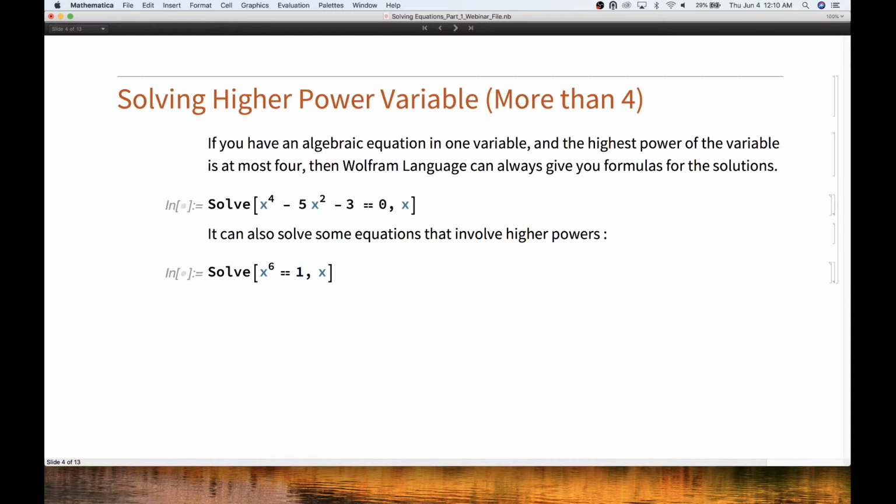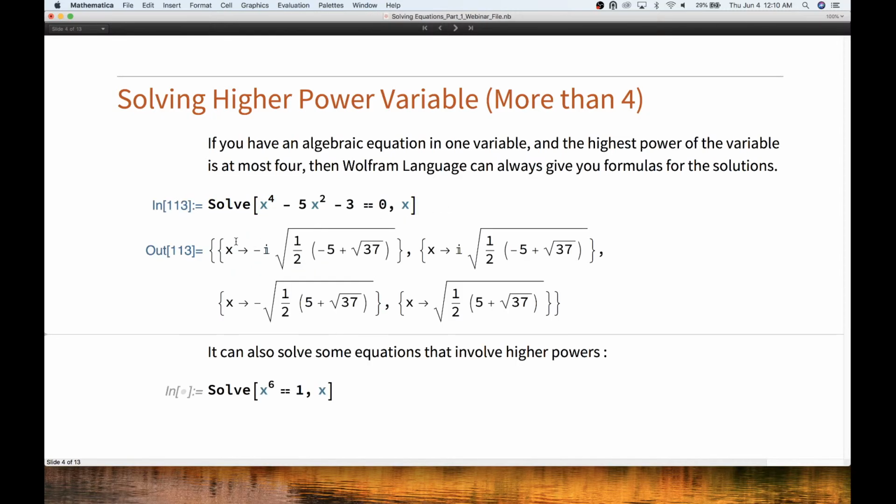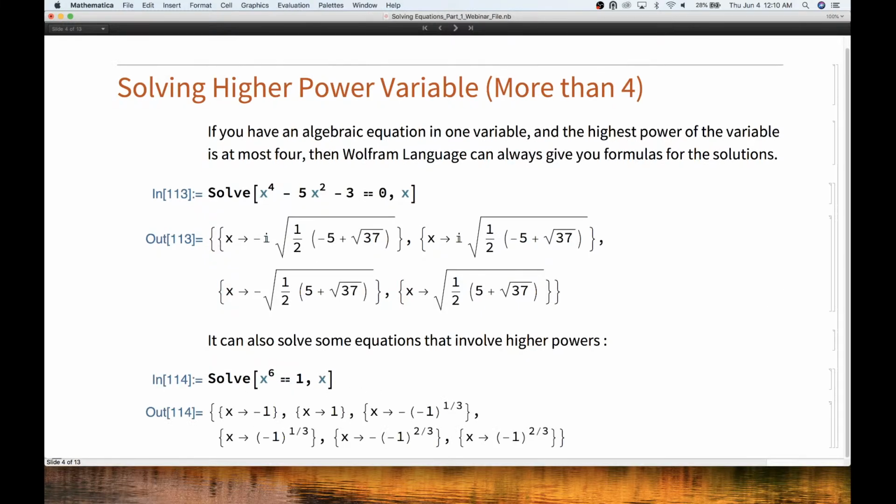So if you have an algebraic equation in one variable and the highest power of the variable is at most 4, then Wolfram language can always give you the formulas for solutions. It can also solve some equations that involve higher powers, like x raised to power 6.